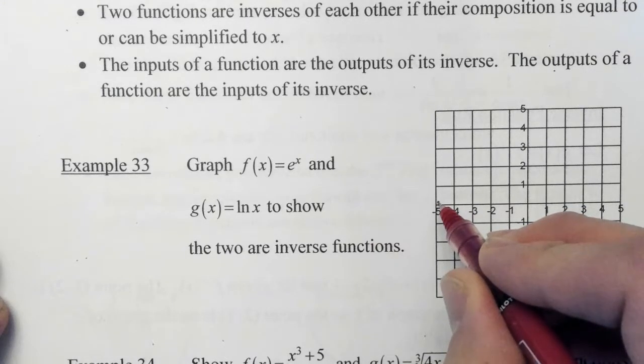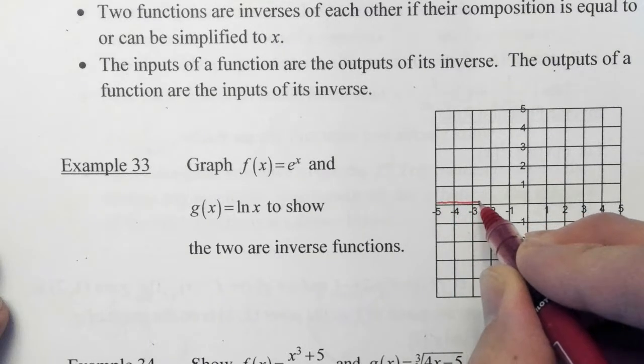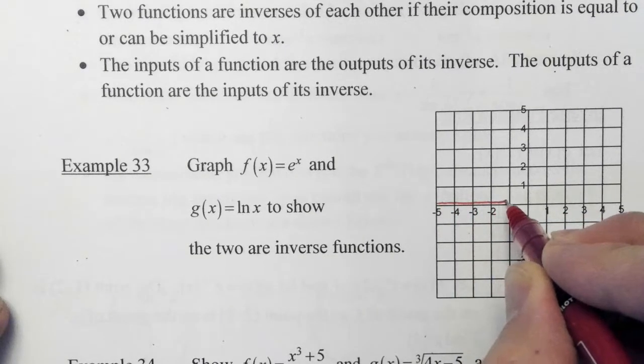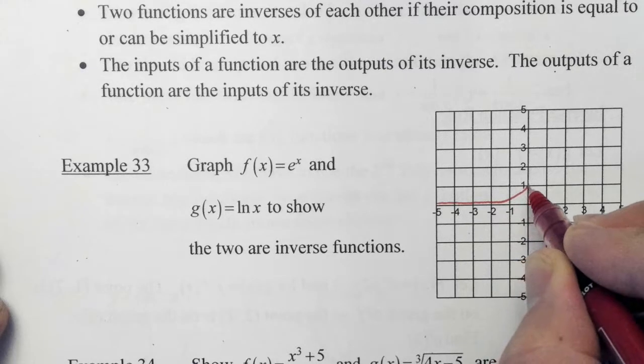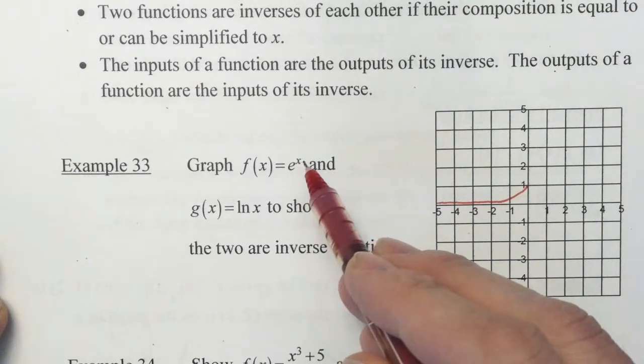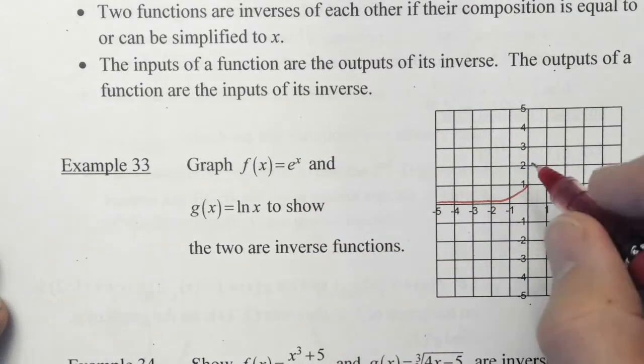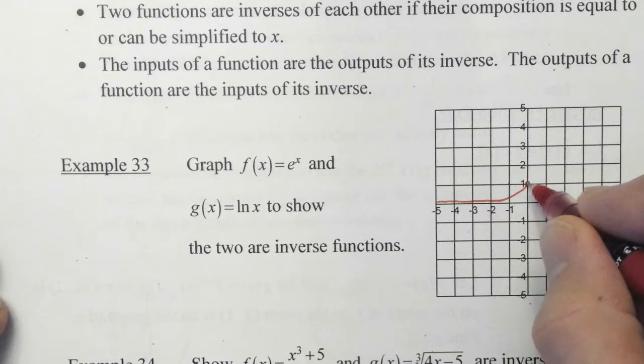So it's just above the x-axis. And this holds true for all of the negative values of x. But as soon as we get to 0, we have e to the 0 power, and anything to the 0 power is 1. And so we have to go through the point over 0, up 1.